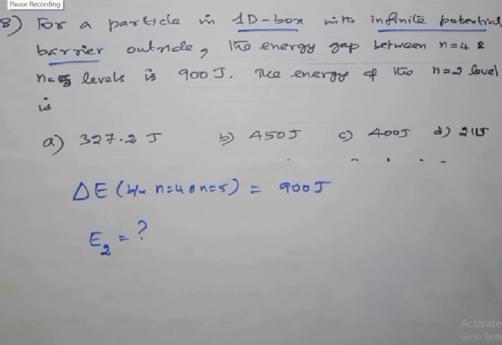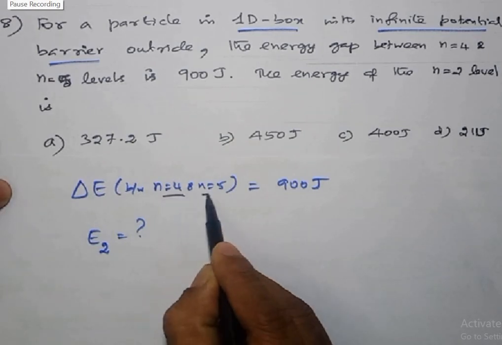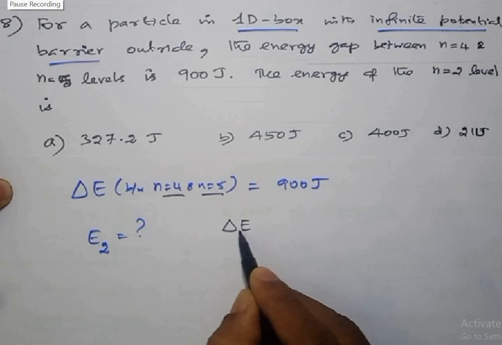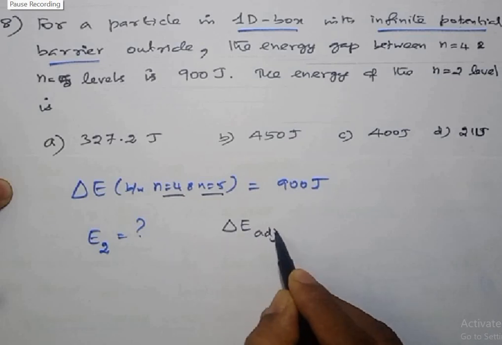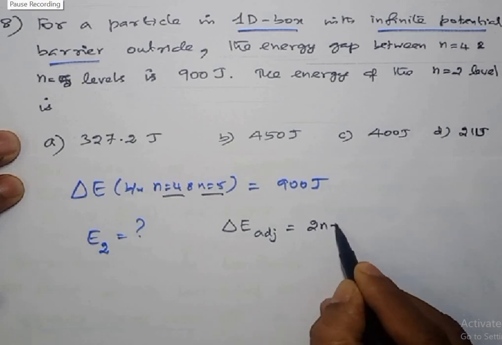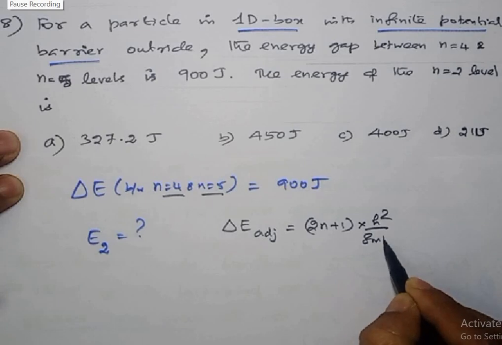How to proceed? It's very simple. n equal to 4 and n equal to 5 are adjacent levels. You know very well the energy gap between adjacent levels is equal to (2n plus 1) into h square by 8ml square.